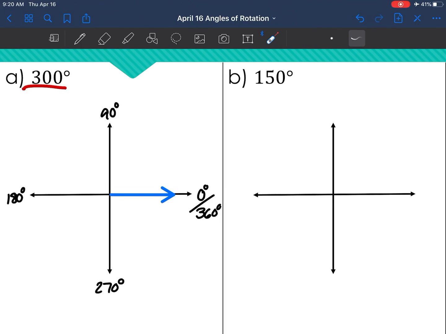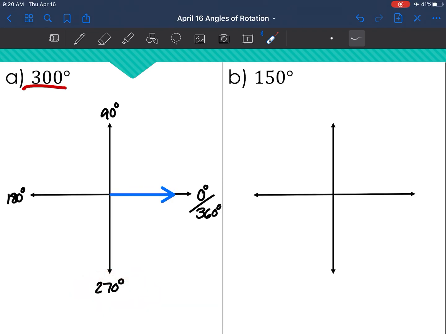Is 300 degrees closer to 270, or is 300 degrees closer to the 360? Well, 300 from 270 is only 30 degrees versus 300 to 360 degrees is 60. So it should be closer to the 270 degrees then.